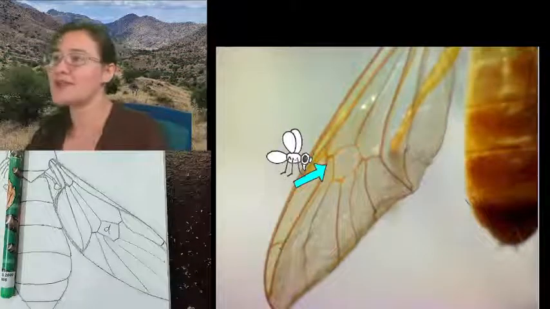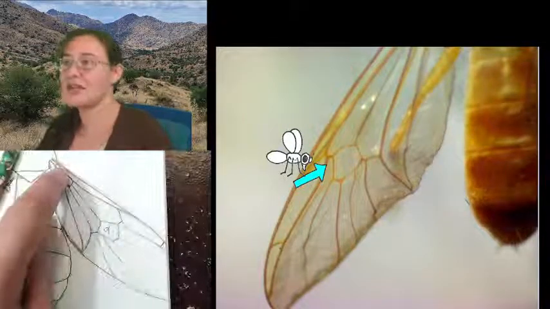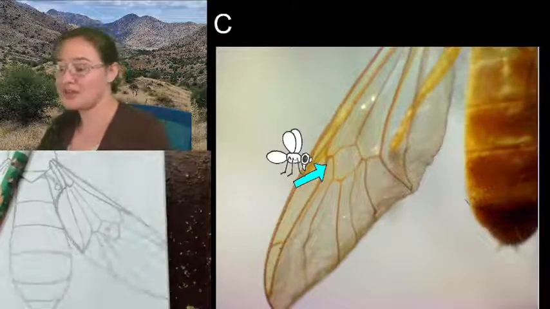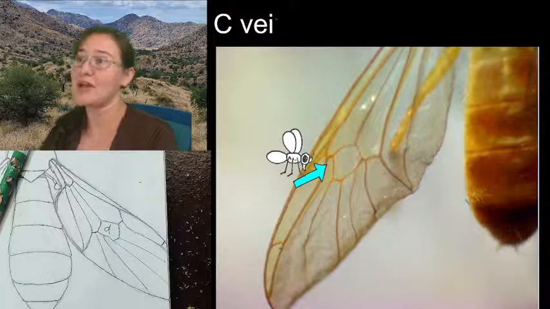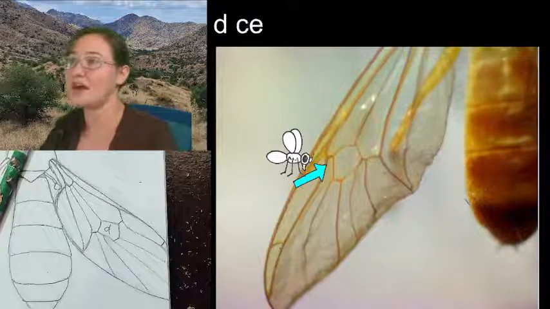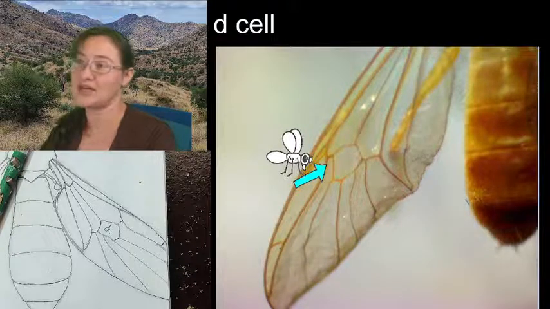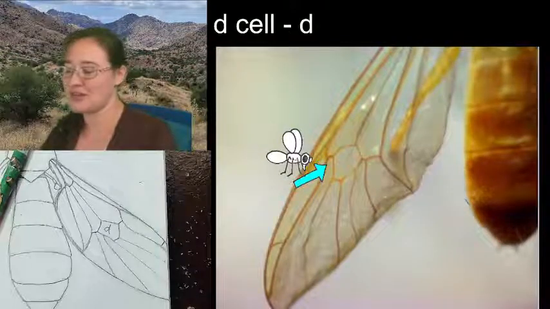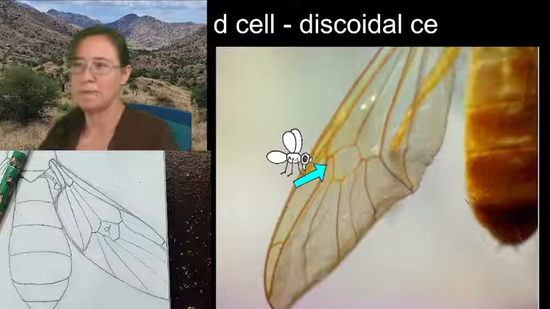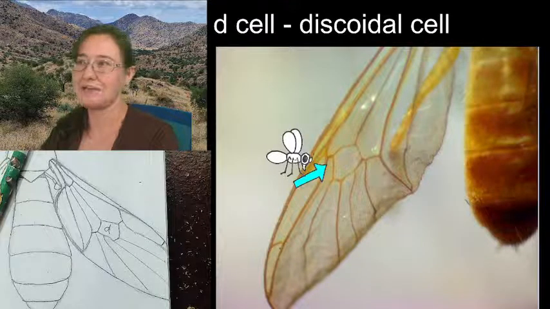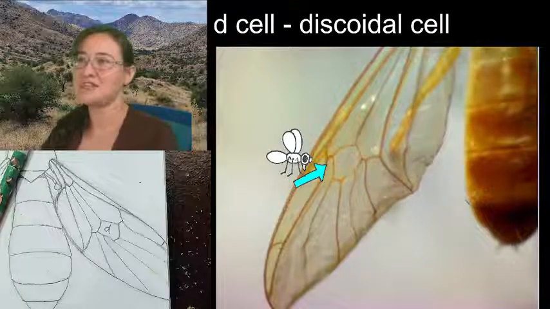So if we want to say this is the costal vein, you say the C vein and you make it capitalized. But if you want to talk about a cell, it's always lowercase. Now, I believe that the name for this cell is the discoidal cell. I think it's the discoidal cell.